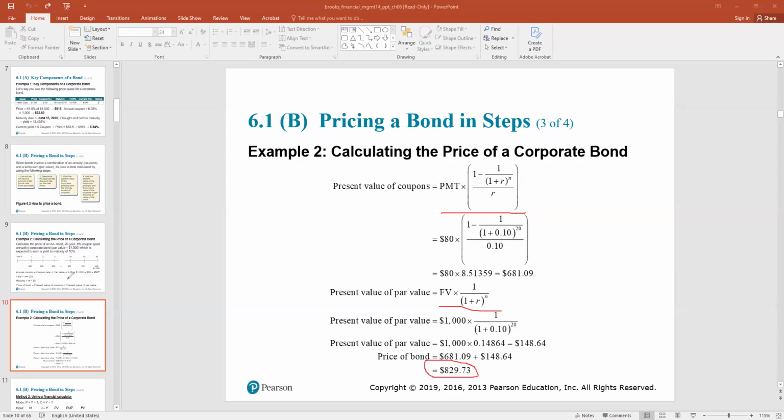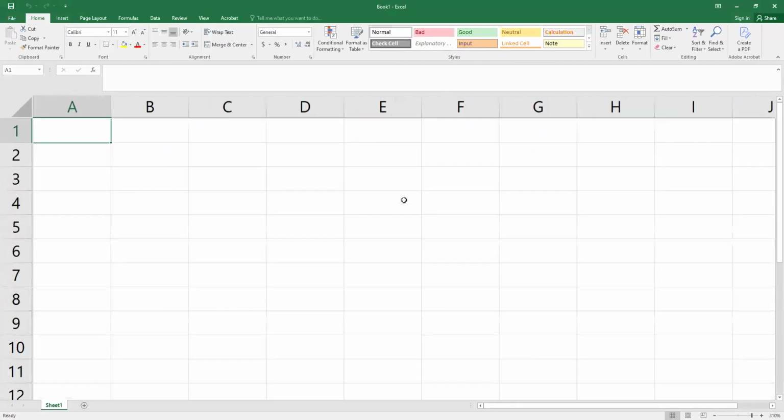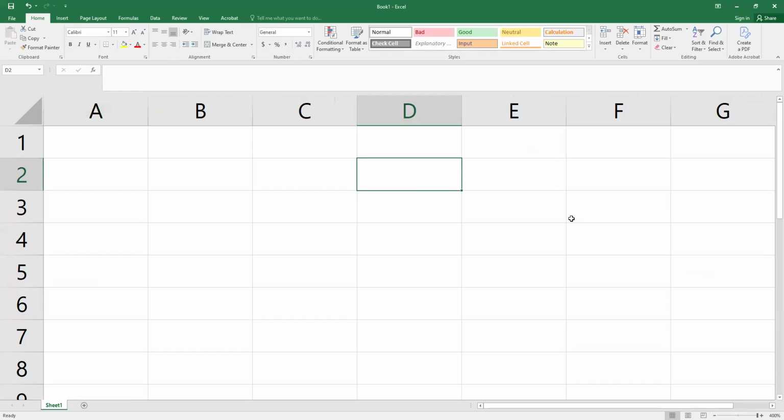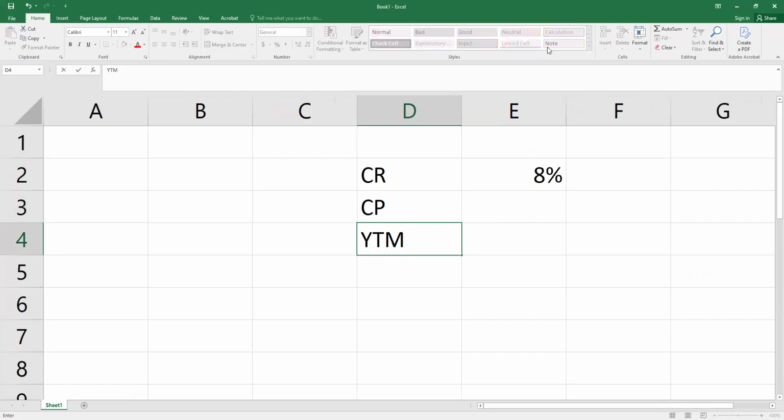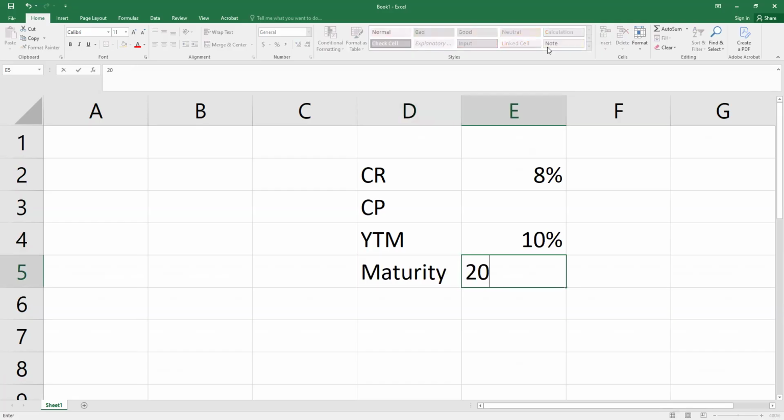In Excel, it's easy to do as well. So we're given the coupon rate of 8%. We have to estimate the coupon payment. We are given the YTM. YTM is abbreviated as yield to maturity, which is 10%. The maturity is 20 years.